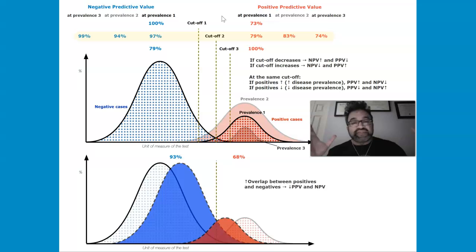The simplest example to look at is diabetes, right? A glucose level of, say, 125, anything higher than that is considered diabetes. So if you consider 125 to be the cutoff, let's say we start off with cutoff number 1 at 125.